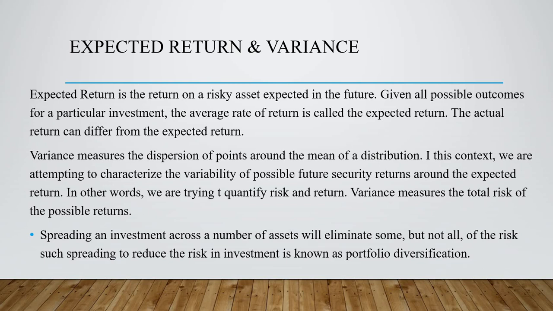So variance is nothing but the measure of total risk in a possible return. Just now I said that we are expecting 15% return from this XYZ company, correct? So to earn that 15% from the XYZ company, what are the different risks associated with that? Okay. That will be calculated in the variance. Variance will measure that risk.